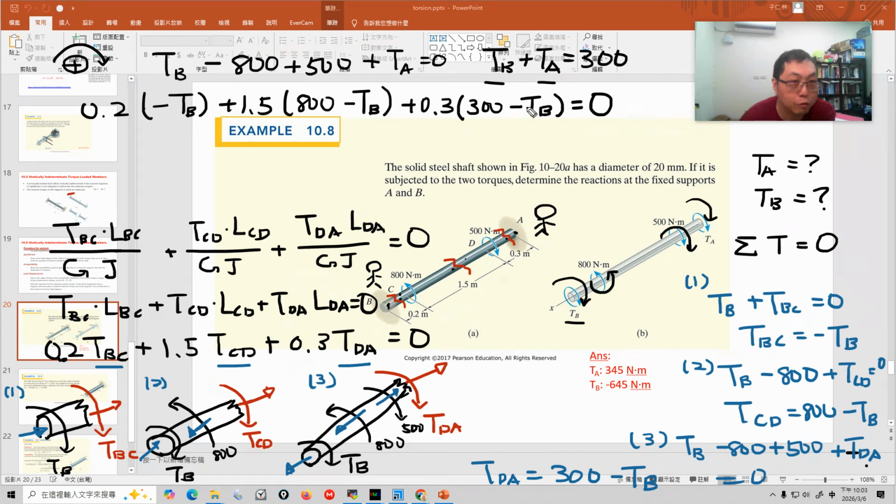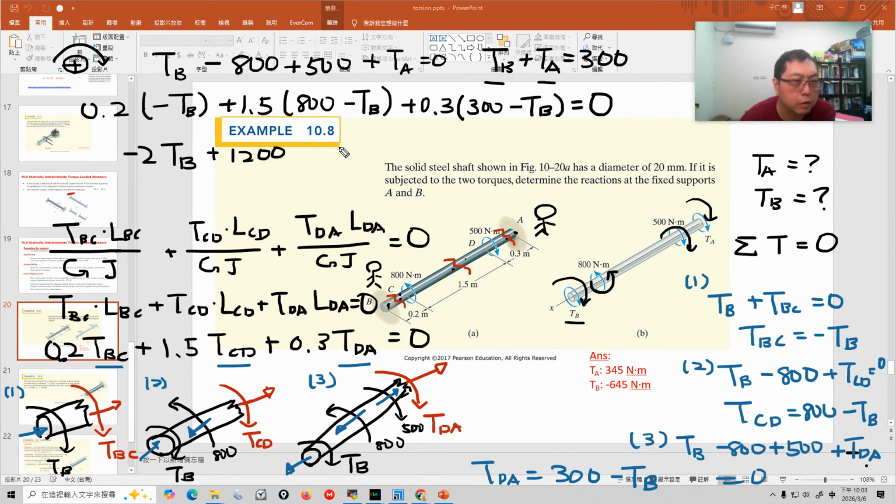You see, by using this equation, we can solve for TB, right? So this equation tells you minus 2 TB plus 1200 plus 900... let me check.